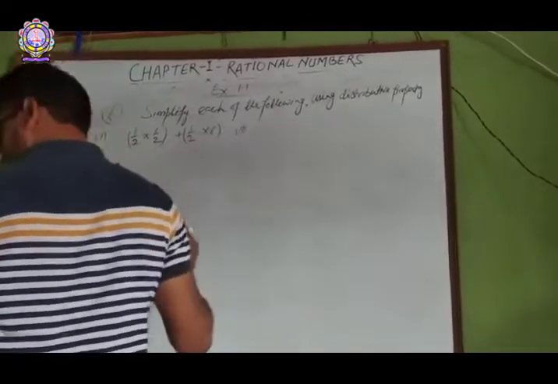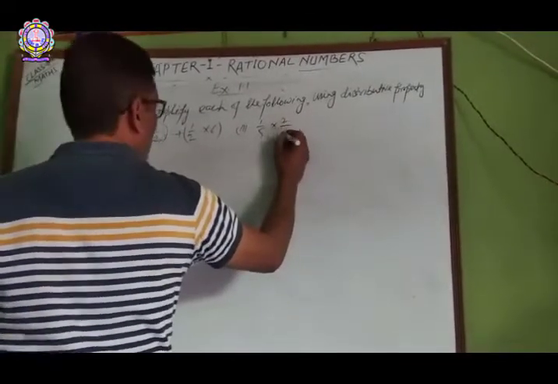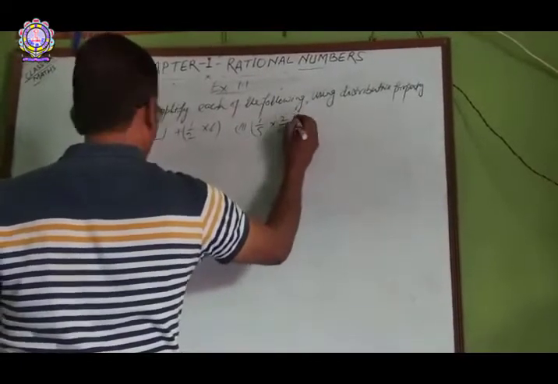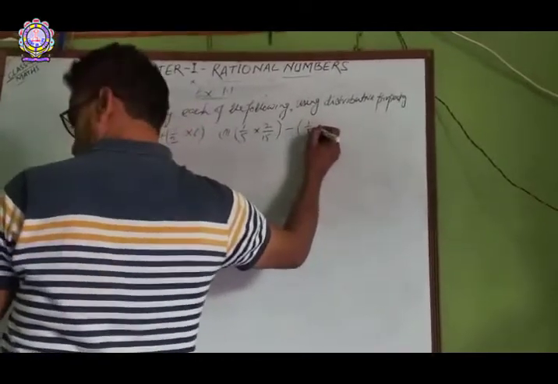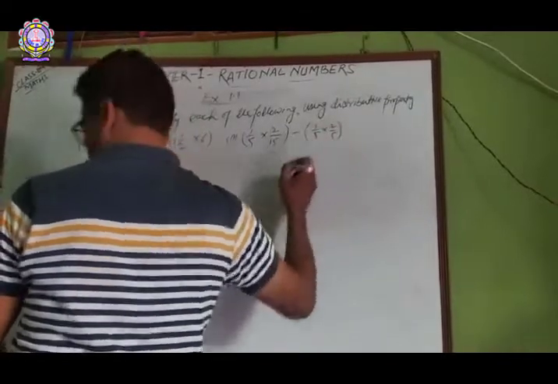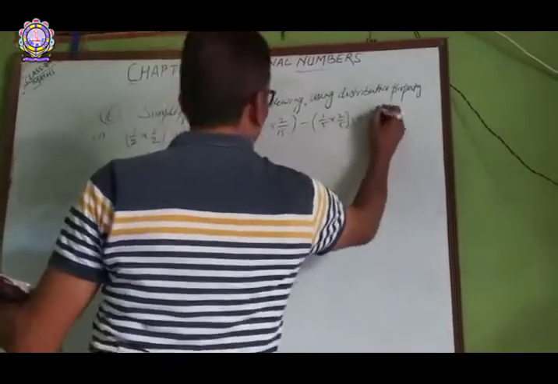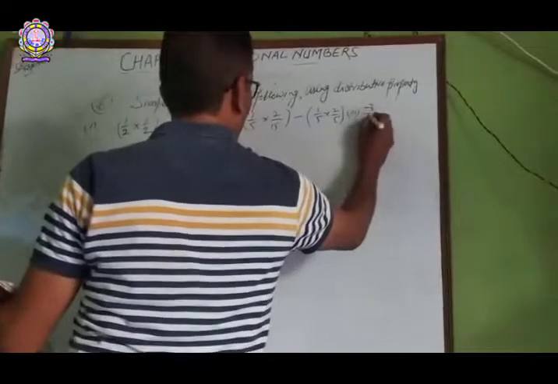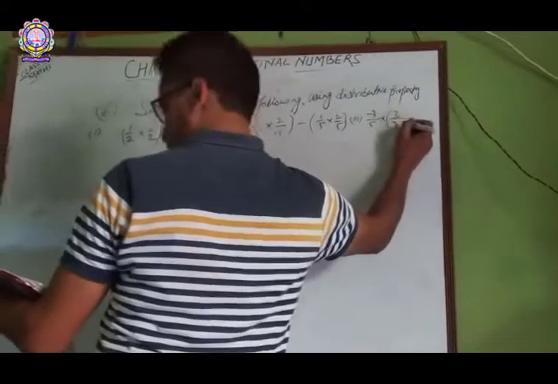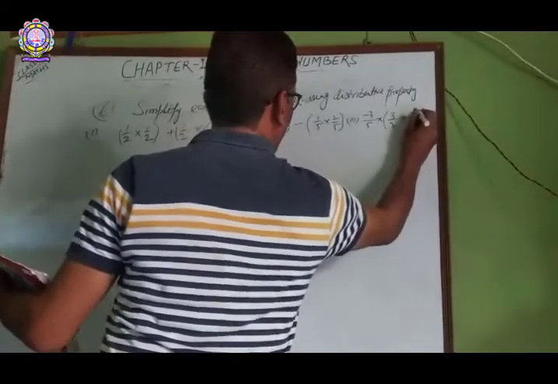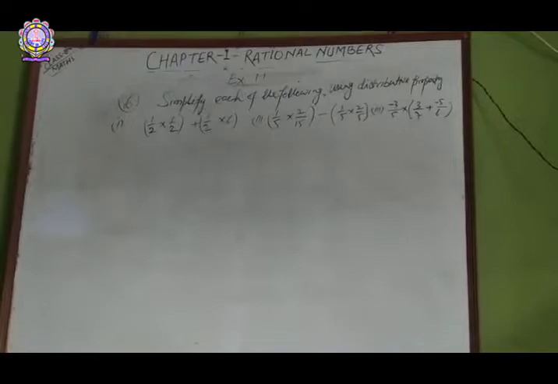Part second is 1 upon 5 into 2 upon 15 bracket close minus of bracket 1 upon 5 into 2 upon 5 bracket close, and third is minus of 3 upon 5 into bracket 3 upon 7 plus minus of 5 upon 6 bracket close. Now we will solve this question one by one.